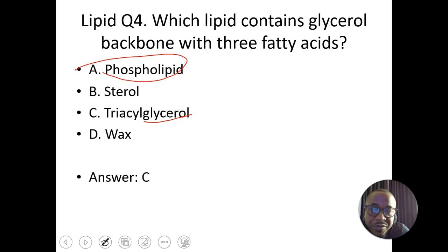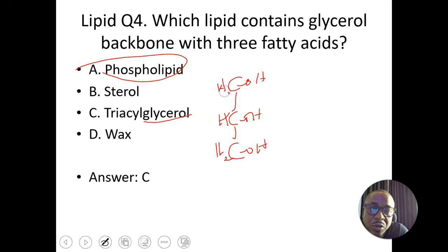For example, this is the glycerol backbone, 3 carbon that has hydroxyl group, then 2 hydrogen here, 1 hydrogen here, 2 hydrogen here. So this is the glycerol backbone. Now triacylglycerol has this backbone.